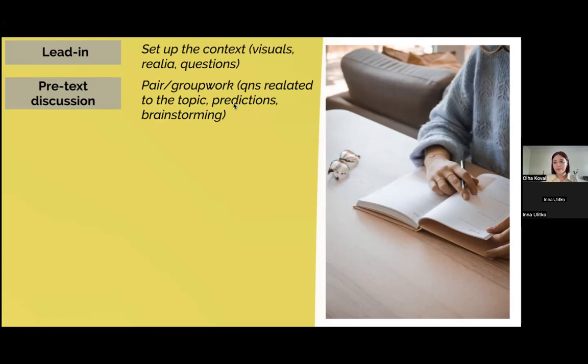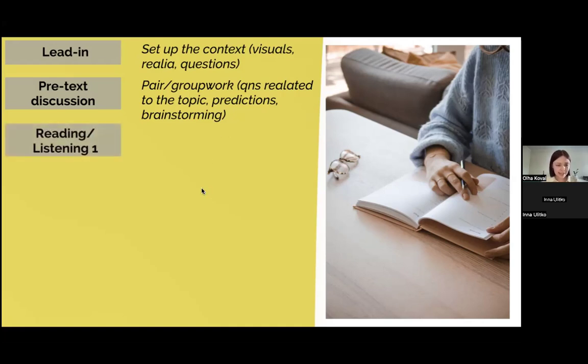And then it will be your gist reading or listening task. We can just tell our students, let's check our predictions, and we'll read the text or listen to the audio. Or we can ask our students to brainstorm. For example, the text will be about some traveling tips, so we would ask our students to brainstorm some tips which can help people prepare for a trip. And then they will read the text and see whether there are the same ideas in the text.